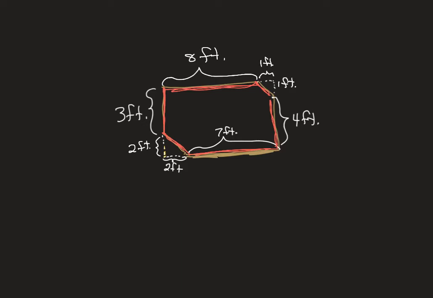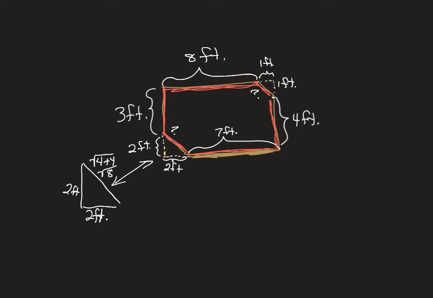Okay, so to get the lengths that we do not know, let's redraw the triangles. Here in this corner, I have 2 feet on this side, 2 feet on this side, and according to the Pythagorean theorem, this is going to be equal to the square root of 4 plus 4, or the square root of 8.